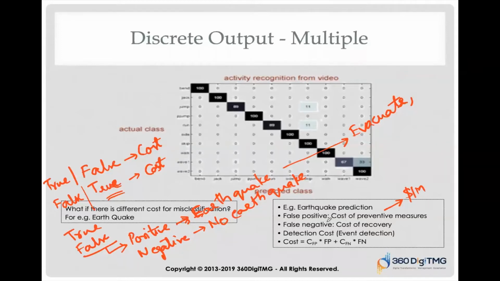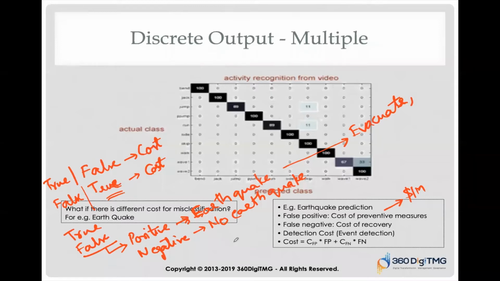Assume. Then you also have to look at false negative costs, right? For example, if you are incorrectly classifying that there won't be any earthquake, what does that mean? That means there will be an earthquake in reality, but you have incorrectly classified that there won't be any earthquake. What will happen then? You sent an alarm that there won't be any earthquake, and in reality, if an earthquake occurs, then buildings will collapse.